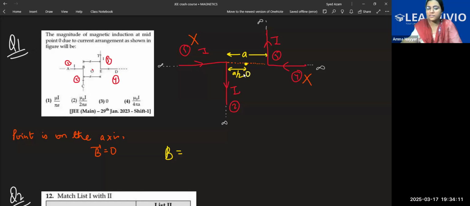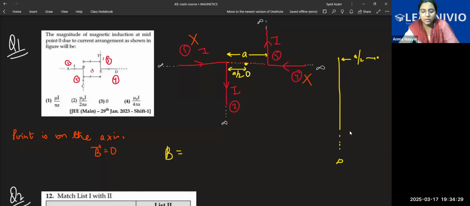Now look what I have. I just have this case. This is a wire which is extending up to infinity. At this fixed point, I want to calculate the magnetic field whose separation is A by 2. First tell me, which case is this out of all the formulas which you've written?